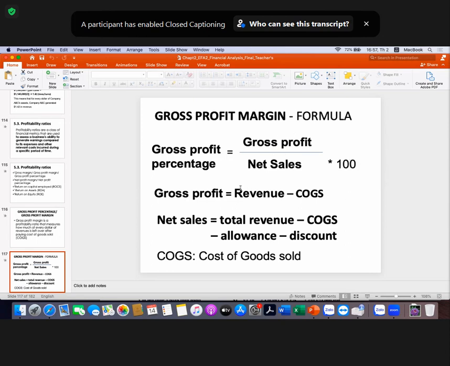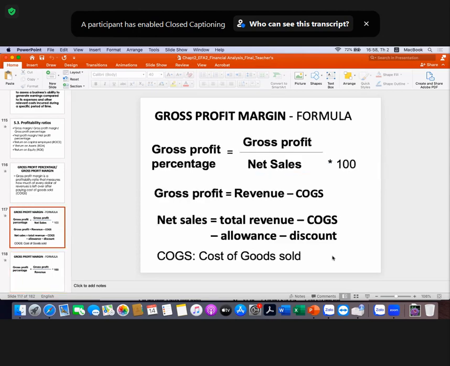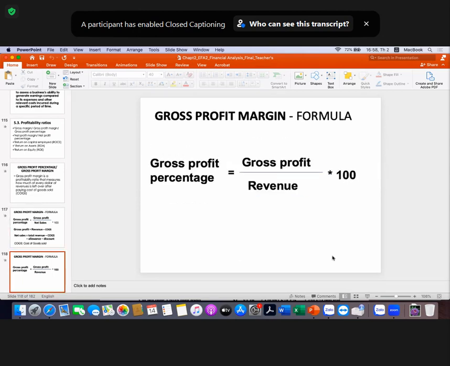And gross profit is calculated by taking revenue minus the cost of goods sold. And net sales is calculated by total revenue minus allowances, discounts, etc.